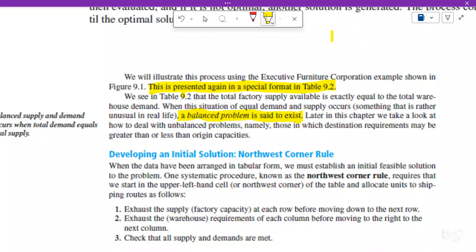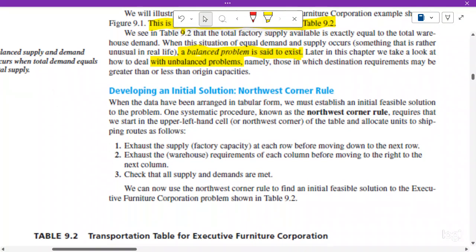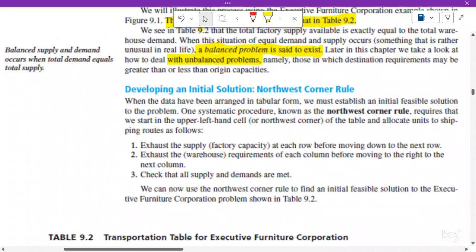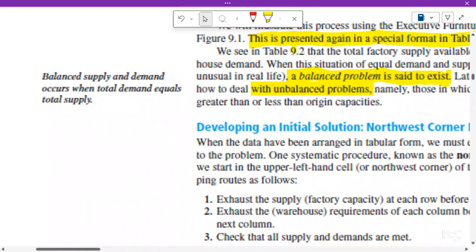Later in this chapter, we look at how to deal with unbalanced problems, namely those in which destination requirements may be greater than or less than original capacities. Balanced supply and demand occurs when total demand equals total supply, which was based on the problems we have covered in that module.